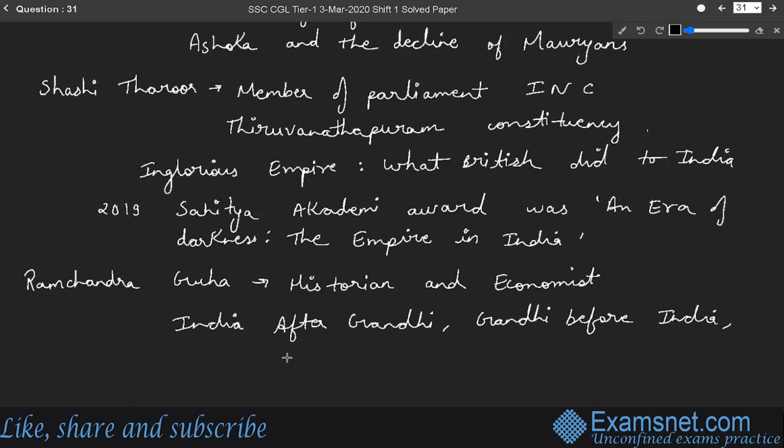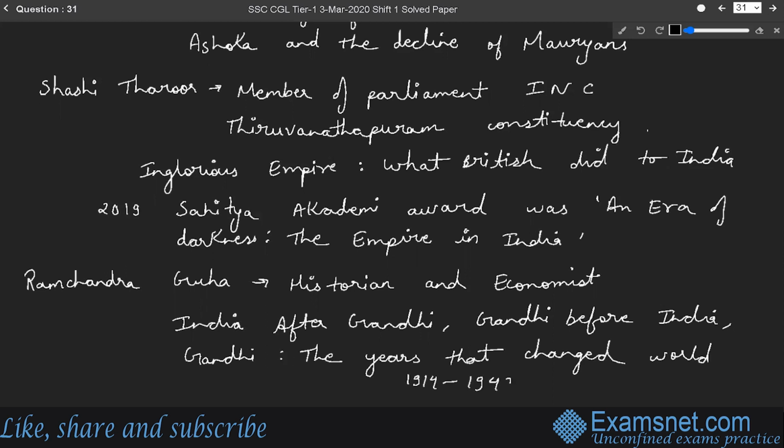And another book is Gandhi: The Years That Changed the World. It was a very, very inspiring book. And the years were 1914 to 1948. So for this question, the correct answer is option 3, which is Shashi Tharoor.